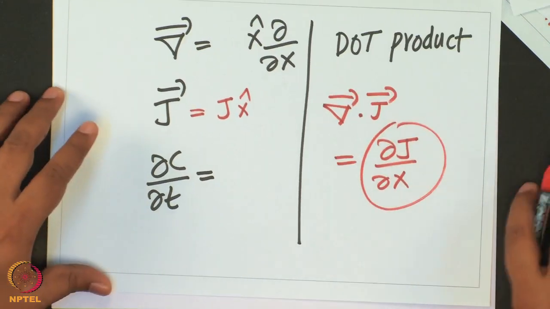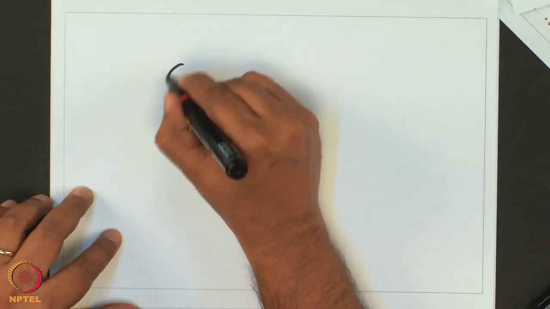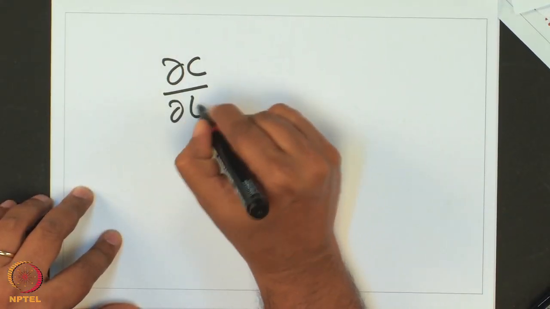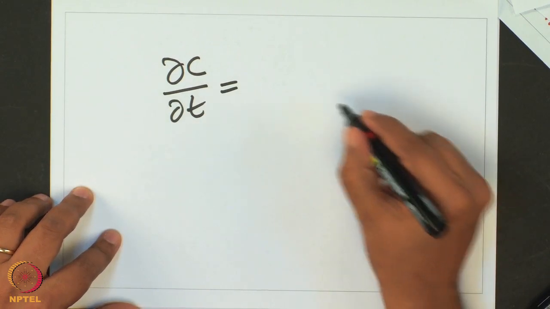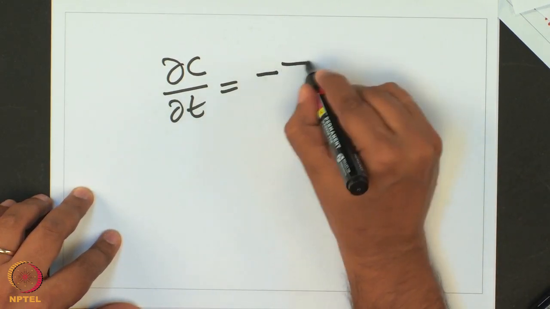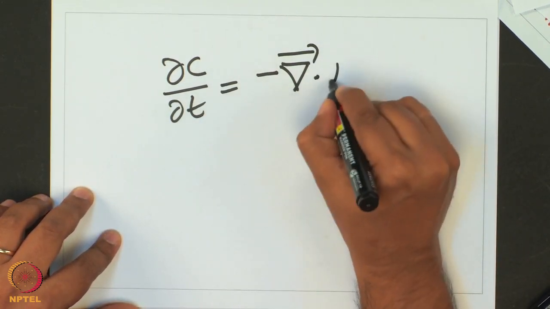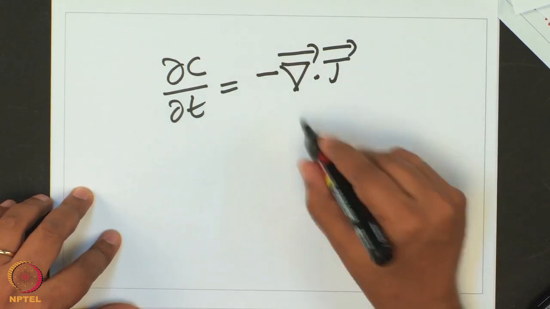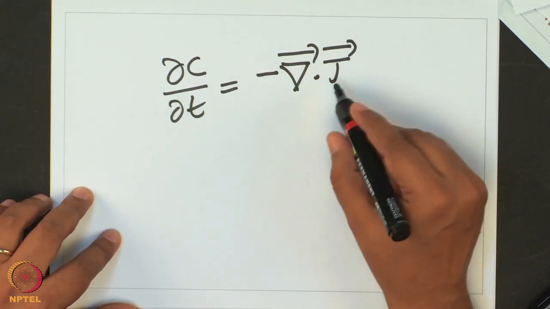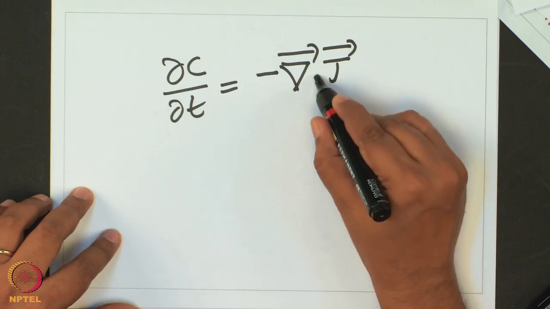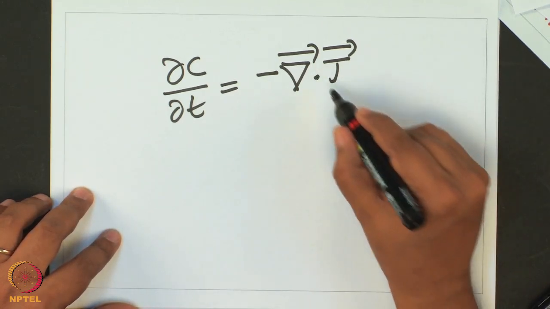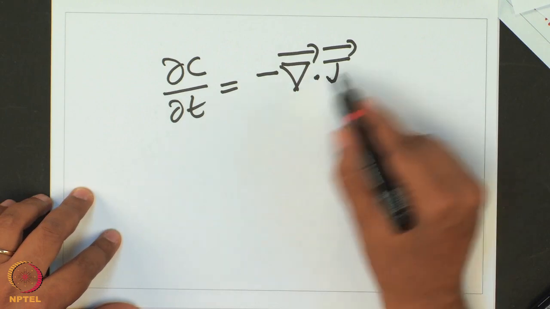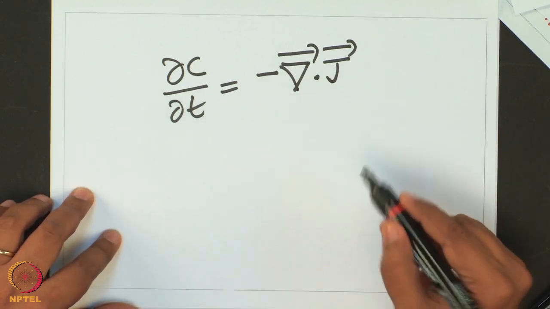In other words, the diffusion equation or the continuity equation is actually, in the vector form, ∂C/∂t is equal to minus del dot J. This is the dot product. I would want you to understand this by studying the dot product of vectors, which we have studied a little bit in school. So J is a vector, del is a vector, and the dot product of this will give this.